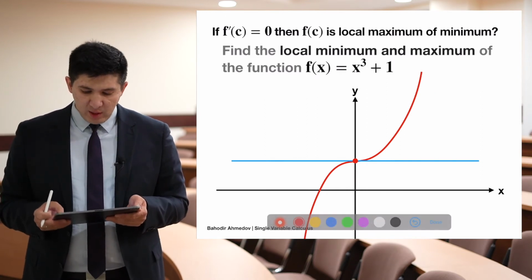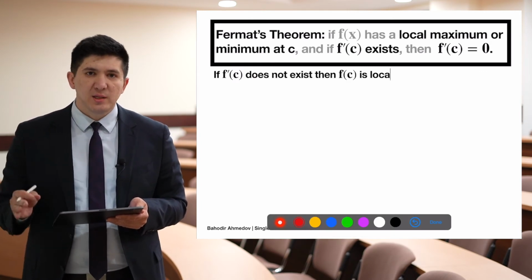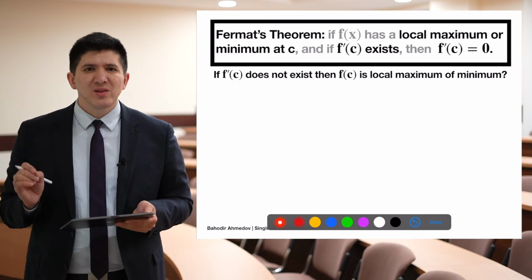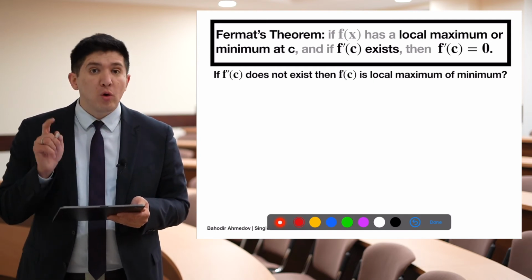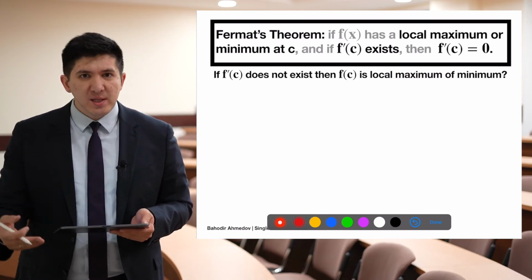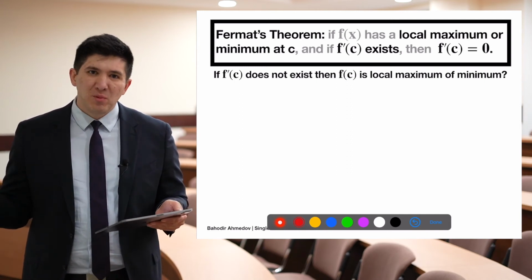There is one more question. The Fermat theorem tells us that if you've got a local maximum or local minimum, then the derivative is equal to 0. It also says that the derivative should exist. What happens if the derivative doesn't exist? Does it mean that it is not a local maximum or local minimum?